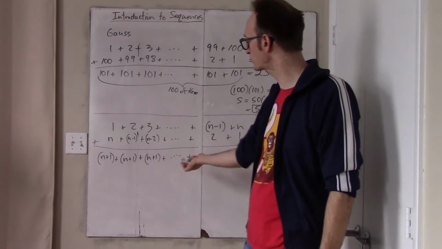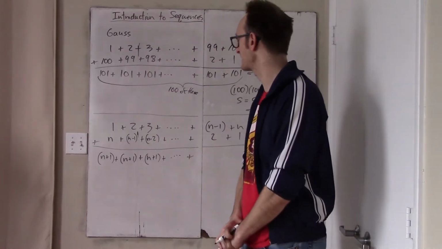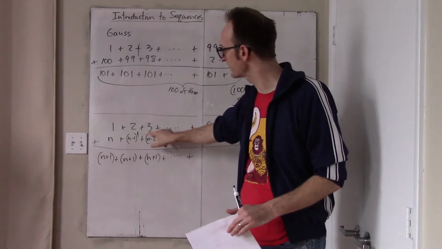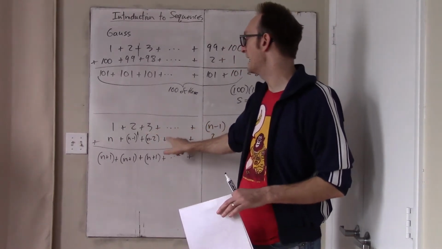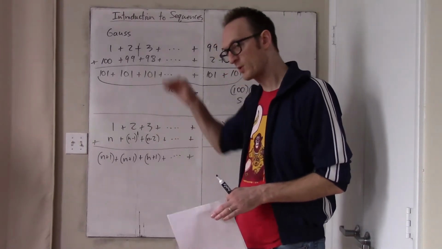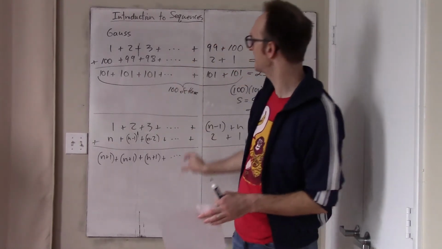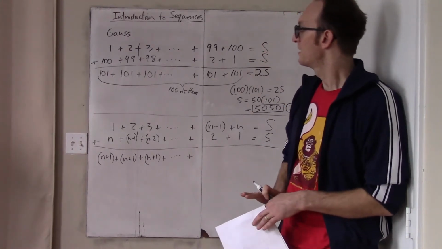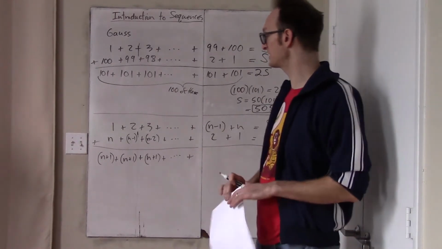But should I trust these dots? Well, I suppose so, because after all, just as before, these numbers are going up by 1. These numbers are going down by 1, and so if the first row is going up by 1 and the bottom row is going down by 1 each time, then any particular column is going to be constant, I suppose.